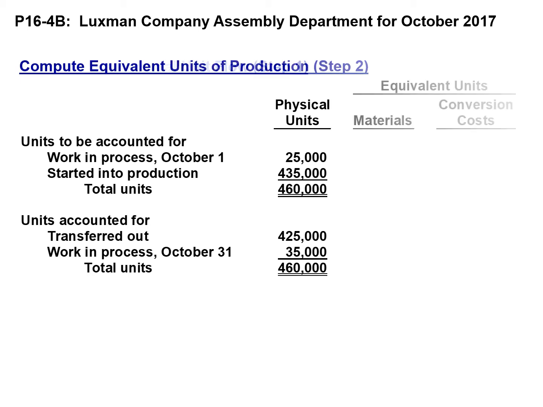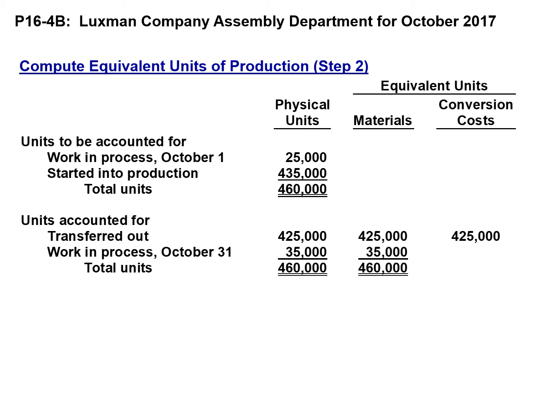In step 2, we need to calculate equivalent units. We know that we transferred out 425,000 units, so we're going to put that in both the materials and conversion cost. We also know that all materials were added at the beginning of the process, so we're going to actually add 35,000 to our materials column to arrive at equivalent units of 460,000.